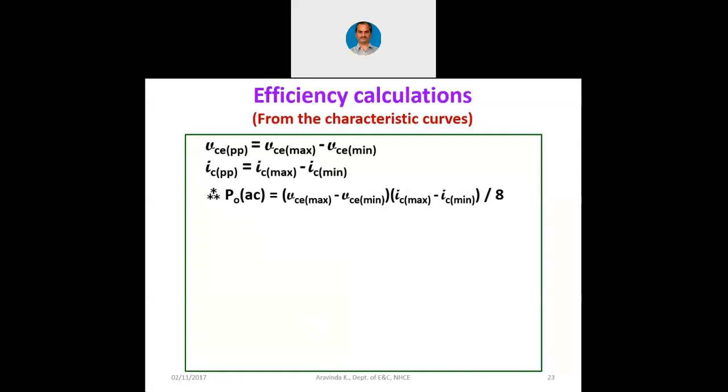We have to calculate the RMS output power, whereas the voltage and current which we expressed are peak to peak. Naturally, that term 8 comes in the denominator. It is nothing but VCE peak to peak into IC peak to peak, take the RMS value, divide by 2 root 2 and divide by 2 root 2. When you multiply them in the denominator, it will become 8. So this is the output power that is available with the transformer coupled circuit.